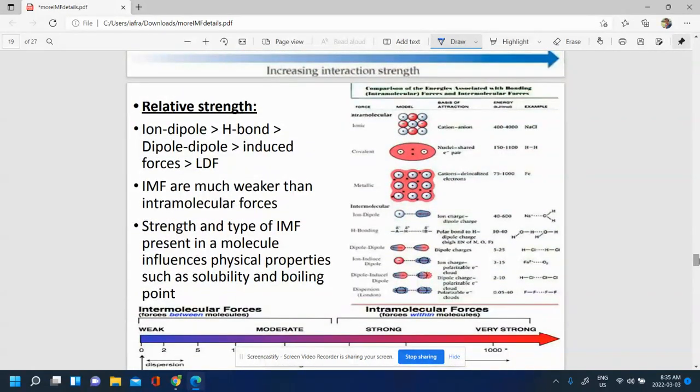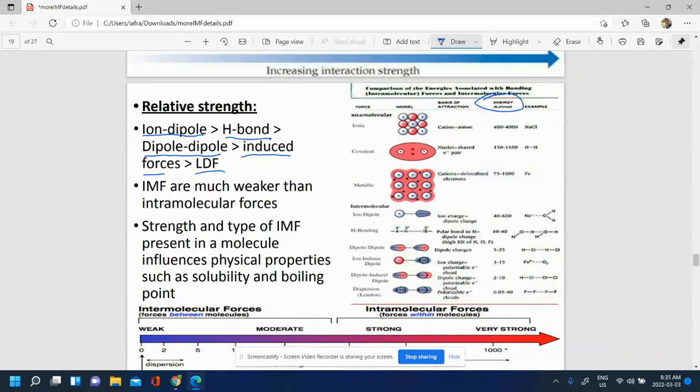You should also know the relative strength of these forces that we discussed. Typically, you'll have ion-dipole being the strongest, followed by H-bond, then regular dipole-dipole, then induced forces, and then LDF being the weakest. So know the relative order. This table shows you that order and the energies required to break them.